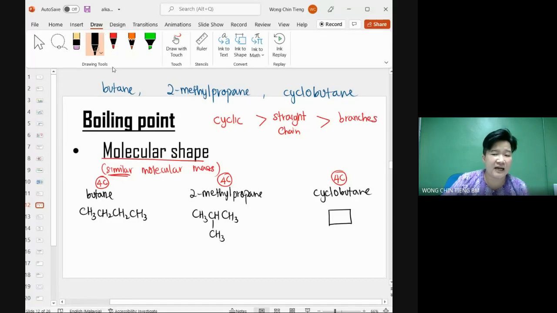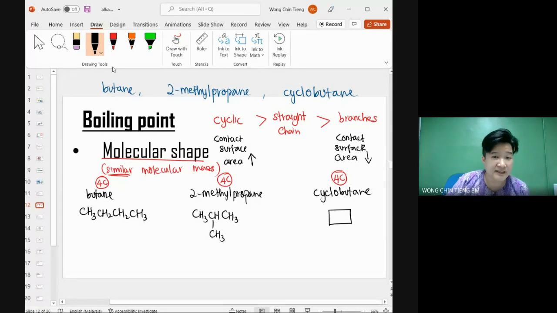Bila saya kata champion, Miss Wong, apa maksud Miss Wong kata champion tu? I mean contact surface area. Ingat tak molecular shape adalah cerita pasal contact surface area? Bermakna contact surface area cyclic paling tinggi, dan kalau dia ada cabang, kalau dia ada branches, contact surface area dia paling rendah.